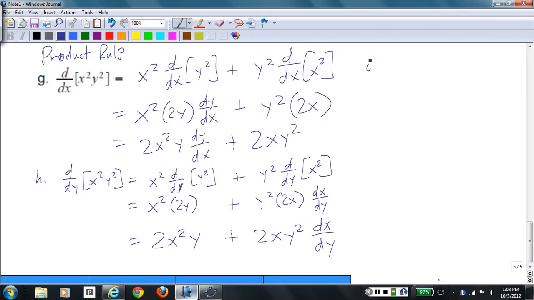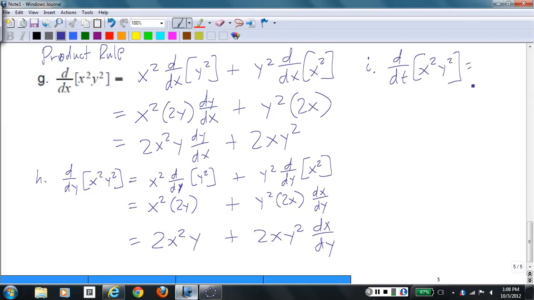And the I part, let's see if there's enough room for this. d dt of x squared y squared. Here x and y, perhaps independently, perhaps mutually dependent on each other and also dependent on time, are variables of t, functions of t.